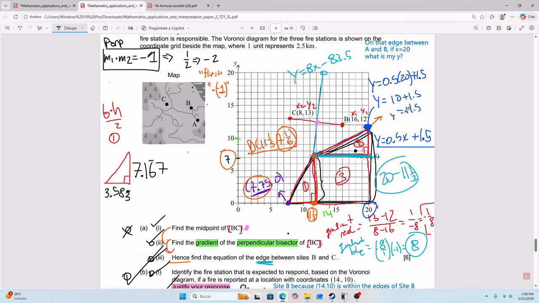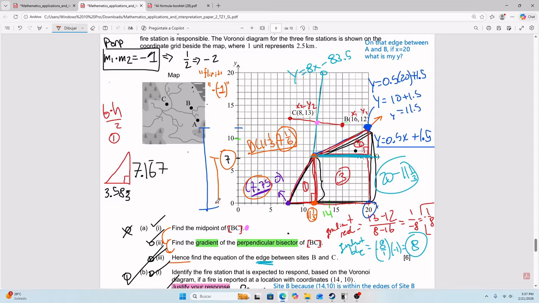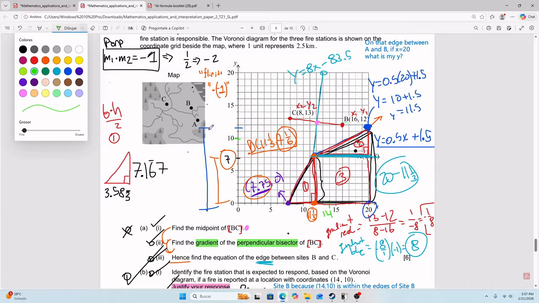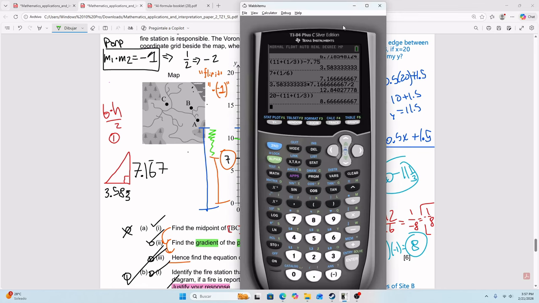So if y equals 11.5, and the point in orange is 7 1/6, you're going to do 11.5, this height here, minus this height here, which will give you the height of our triangle. That's what's happening, see? Así que, let's do it.